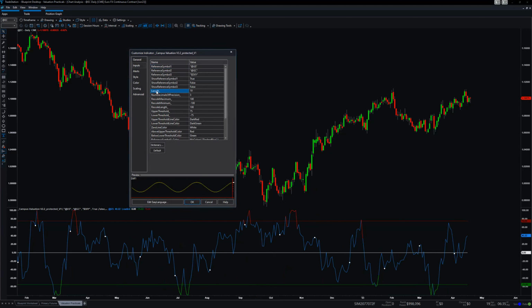Now here you have length, okay, and length is the representation of cycles, and this is always going to be based on the time frame that you're operating in. So if you're operating on a weekly time frame, you want to change that to 13 because you want to work on 13-week cycles, and that would be 13 bars, so 13 weeks in the case of a weekly candlestick chart.